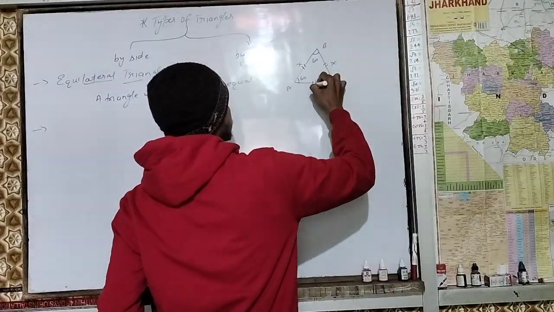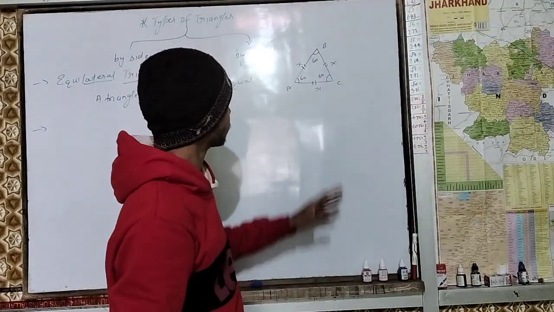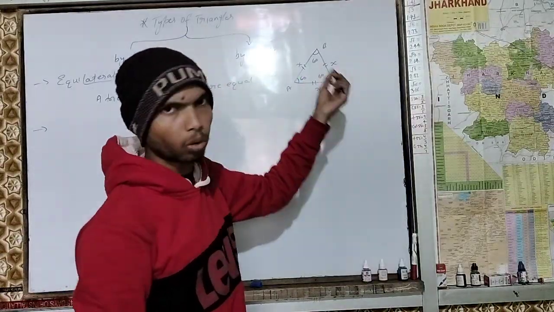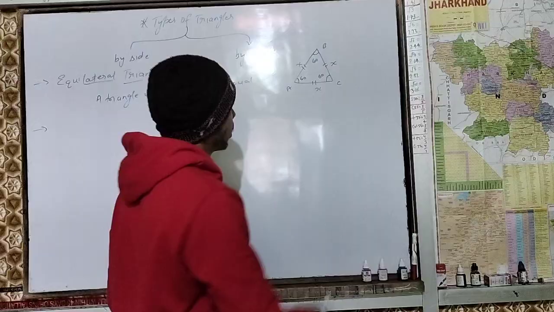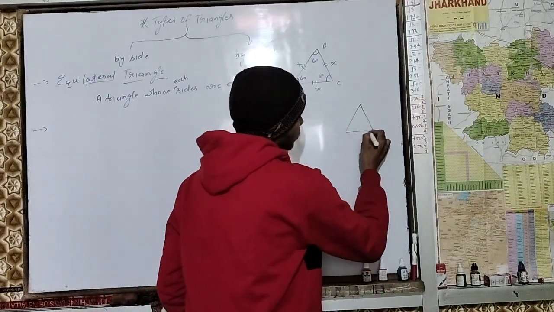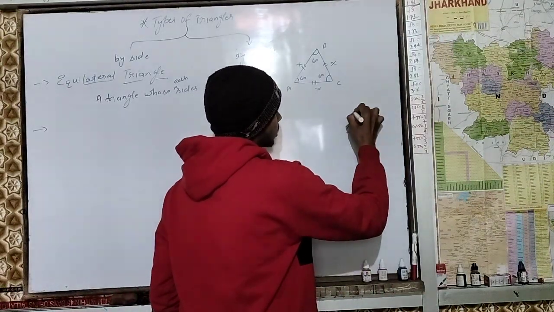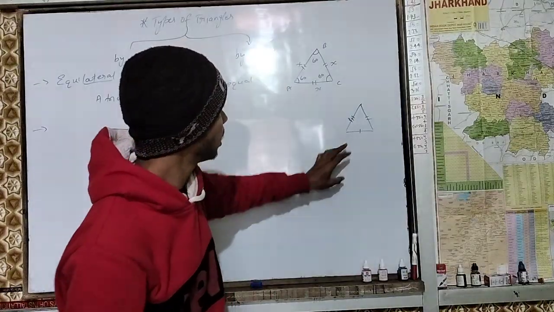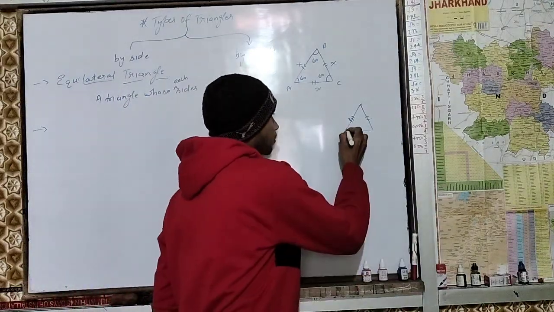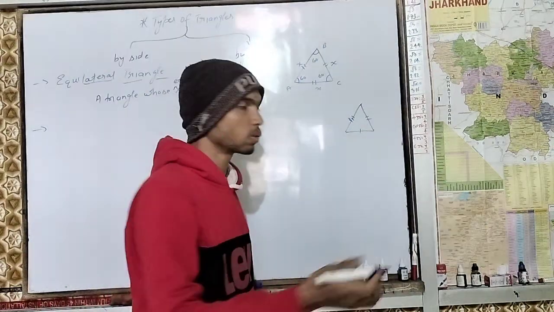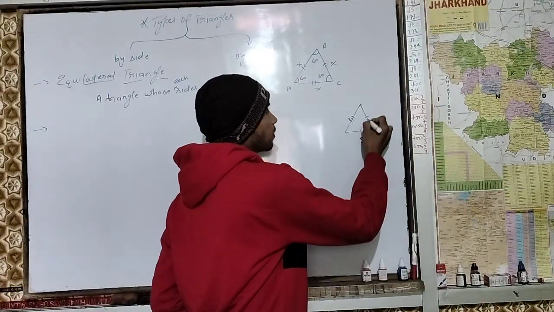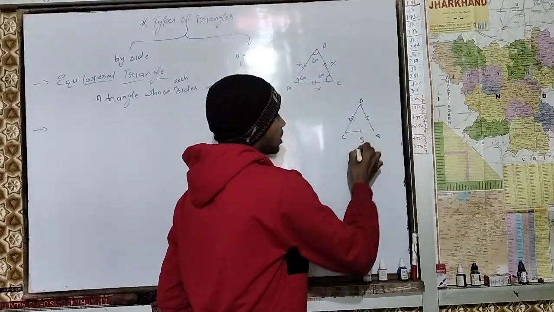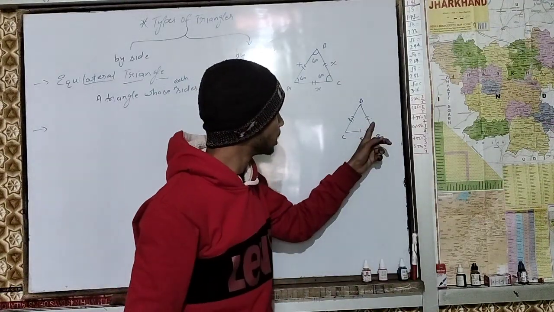This hint is used for equal. Either you can use one line or two lines or three lines. When we use these marks, one line, two lines, three lines, we are indicating something. The value of this one is 5, and this is not equal to this A, B, C. 5 is not equal to this line.